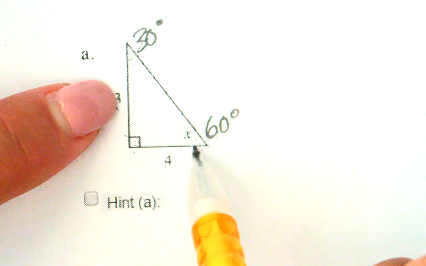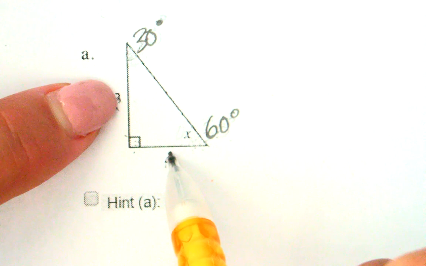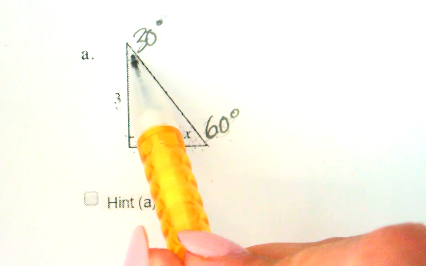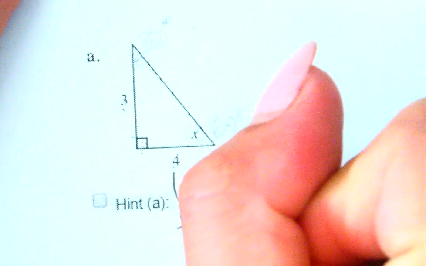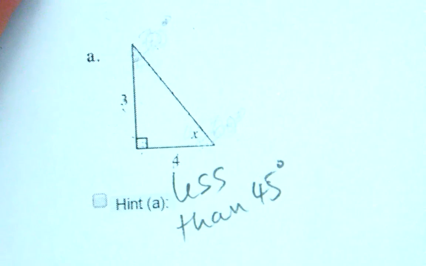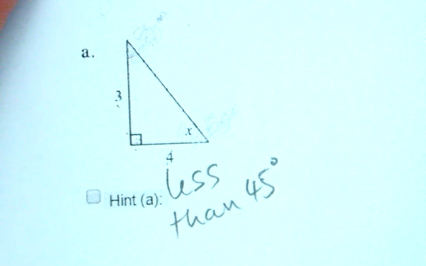It's across from the medium angle. And 4, which happens to be the medium side, is across from the smallest angle. So it's definitely not more than 45. It can't be equal to 45, so it has to be less than 45 degrees. We don't know what it is, but all we know is it's less than 45.